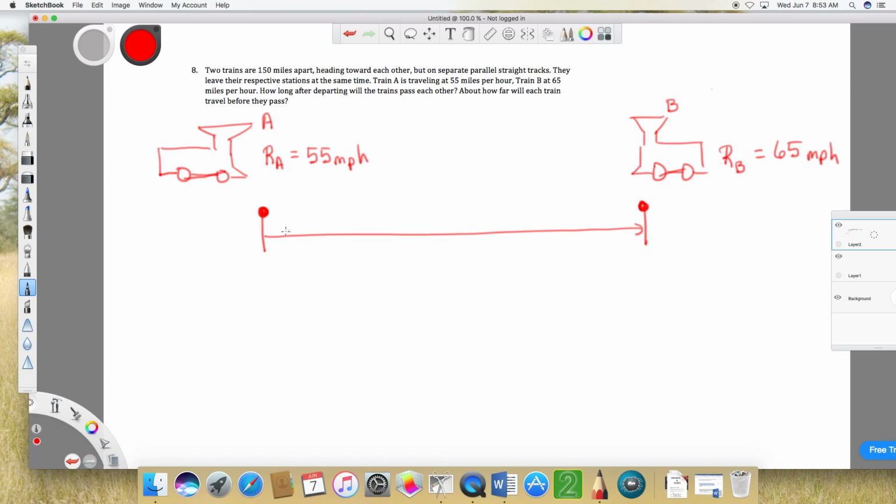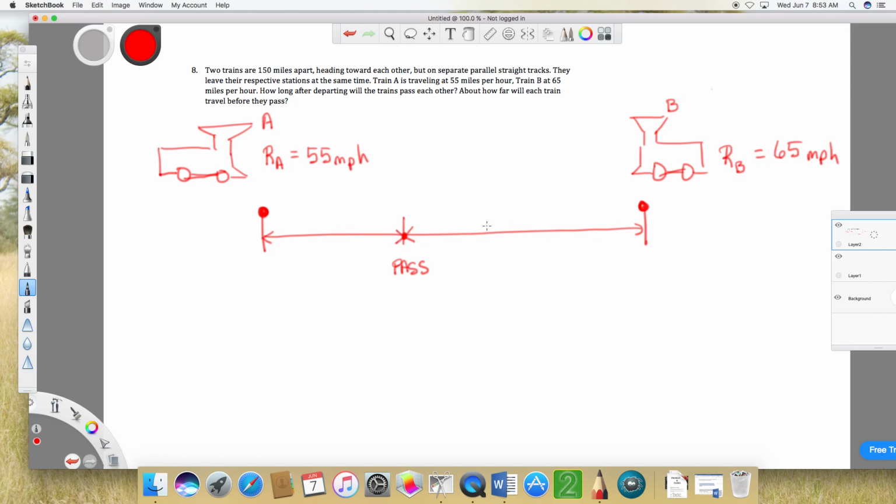They're telling us the distance between these two trains at the very beginning, before this all starts, if we think of the train stations or wherever they're starting from, is 150 miles. Now, it wants to know this point where they meet each other or pass each other because they're on parallel tracks. The train that's traveling faster will have traveled a further distance than the other train.